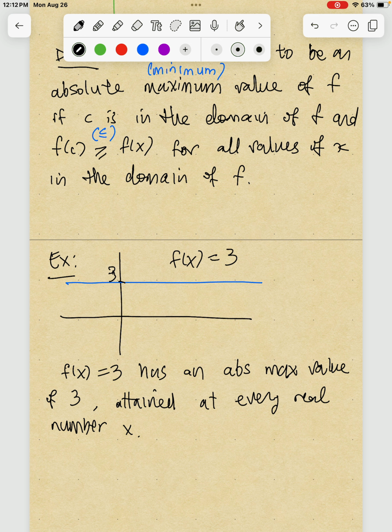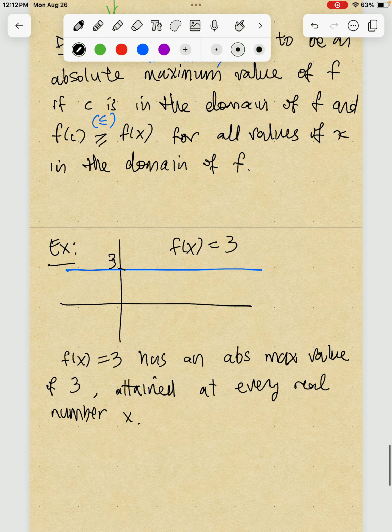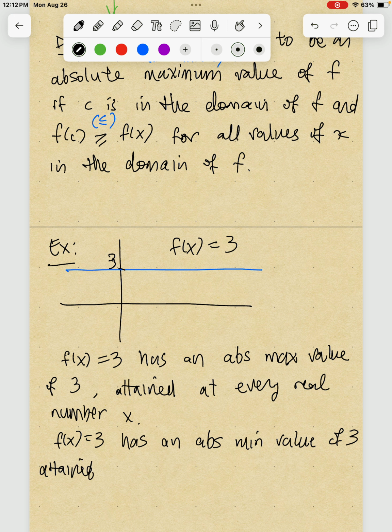That's a y value that's less than or equal to all the other y values. So if you think about it from the definition, then yes, f of x equals 3 also has an absolute minimum value of 3, also obviously attained at every real number x.